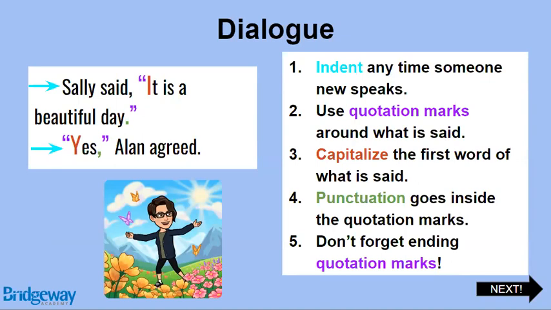As always, use quotation marks around what is said. Those are those little lines, right? Capitalize the first thing in the quote, even if it's not the beginning of the sentence, right? We have Sally said, but the quote itself starts with something. Punctuation goes inside the quotation marks. So you can see here there's a comma or a period.